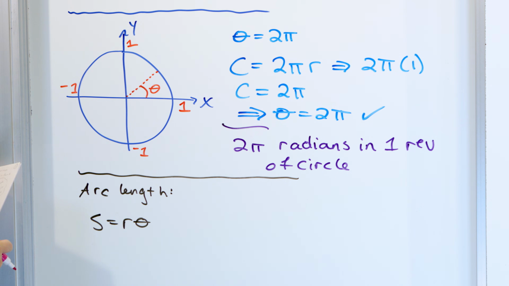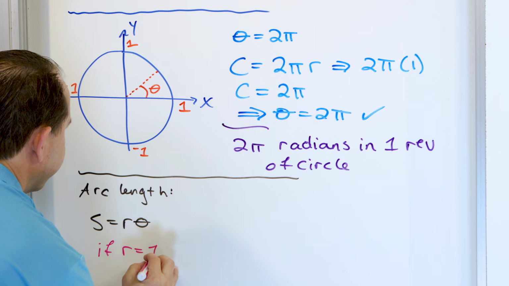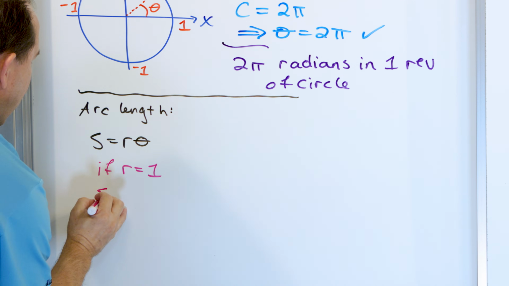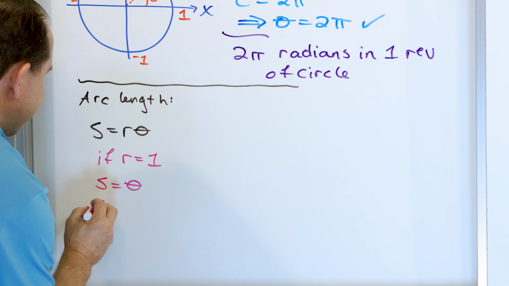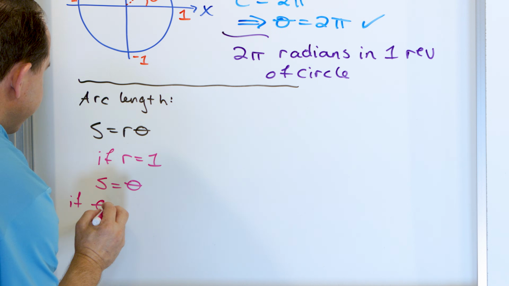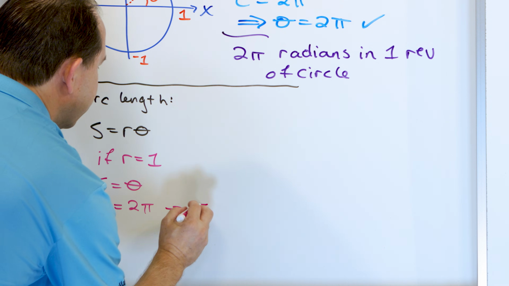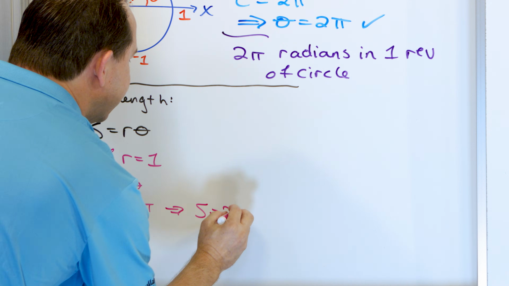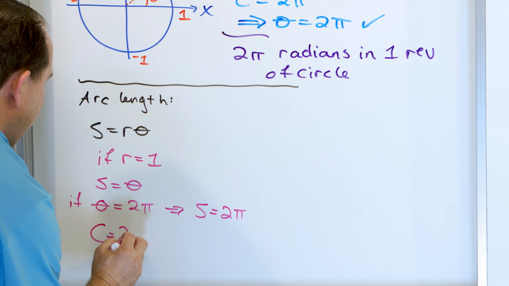So then we ask ourselves, okay, what if the radius of the circle becomes 1? Then 1 goes in here, and the arc length is just going to be equal to however many radians we walk around the outside. And we already said if theta becomes 2 pi radians, then the arc length, which is all the way around the circle, is going to be 2 pi, which is exactly the same thing as the circumference, 2 pi r.